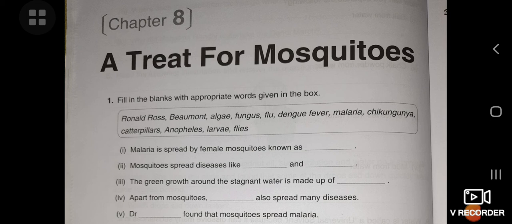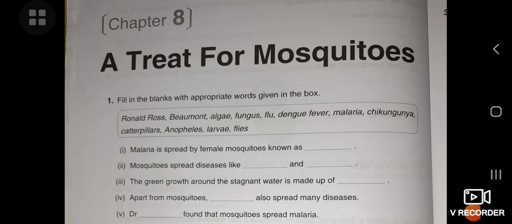Ronald Ross, Beaumont, algae, fungus, flu, dengue fever, malaria, chikungunya, caterpillars, anopheles, larvae, flies. Malaria is spread by female mosquitoes known as dash. You will find out from the help box and you will fill the blanks.